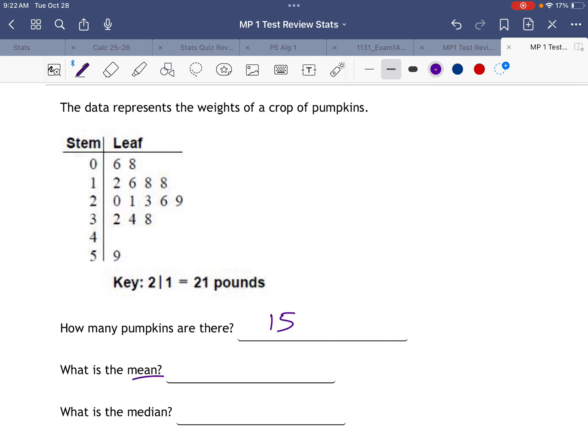For when they ask us about the mean, this is the average. We find our average by doing the sum, adding up all of the values and then dividing by the count.